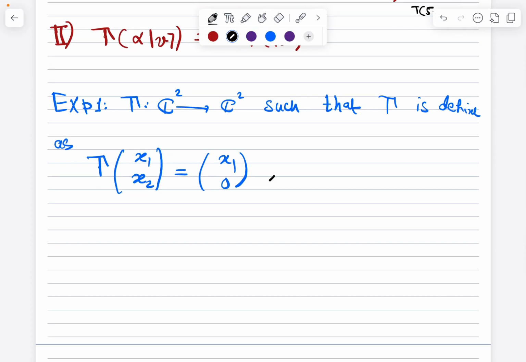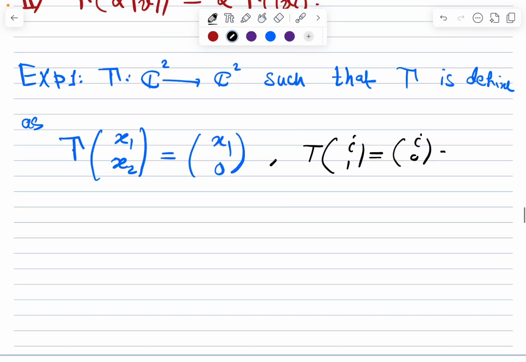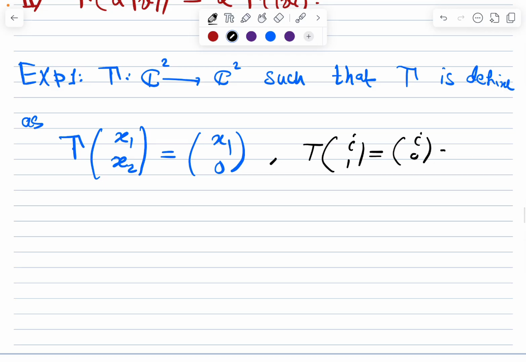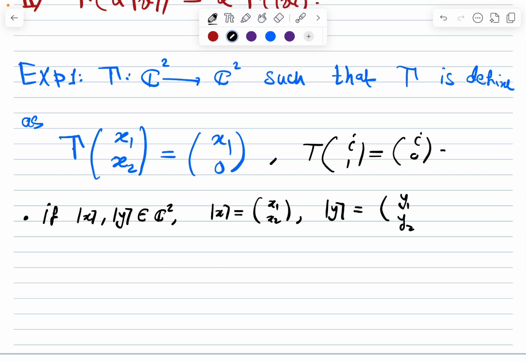Just to clarify how this operator works, for example, if we take T of (1, 1), it will give you (1, 0). So this is how this operator works. To show that it's linear, first of all, we take two different vectors in C2, x and y. Let me write x as (x1, x2) and y as (y1, y2).